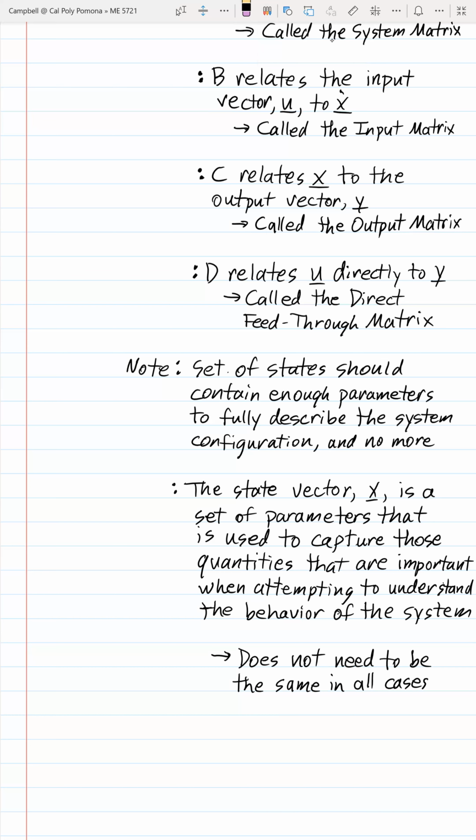Well, first of all, let's talk about that bullet a little bit. So when we're looking at defining the state vector, we need to be intentional and we need to be careful so that we capture the states as we are interested in them.